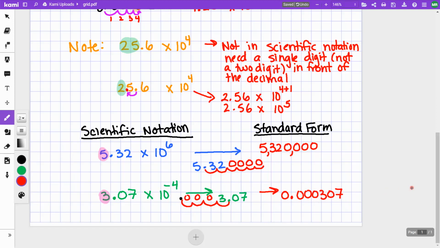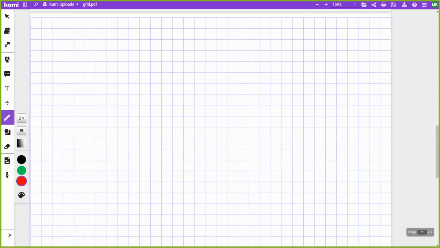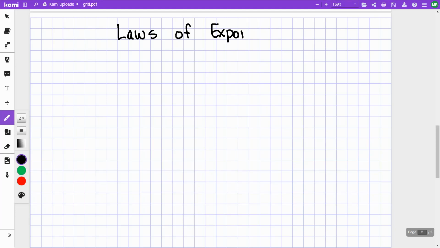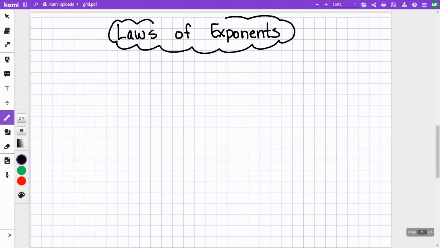Now I'm going to add a page for you guys. Turn to another page, and we're going to discuss laws of exponents. So this is going to be laws of exponents. Now, first, I want to just make sure we go over some terminology.